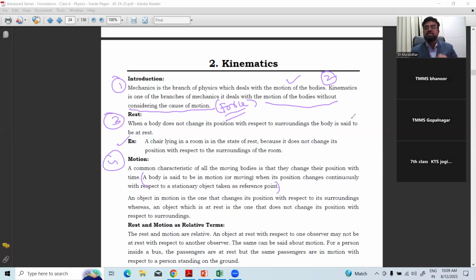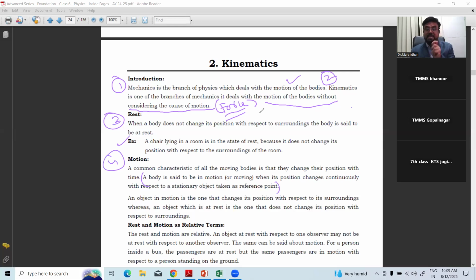For example, you have seen your friend sitting beside you just 5 minutes before. But after 5 minutes, he moved from there and sits in some other place. So what is the meaning? He is in motion.